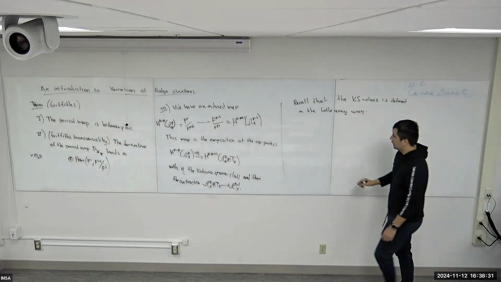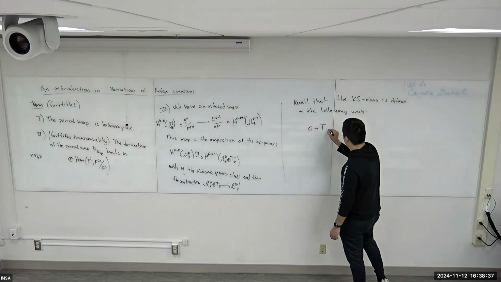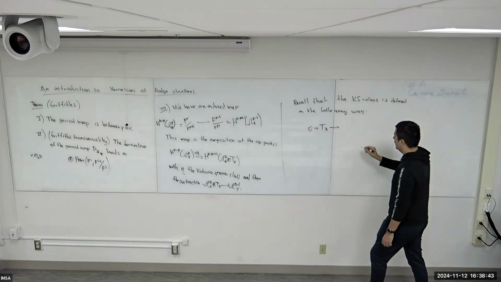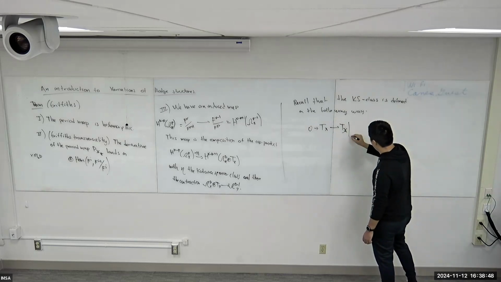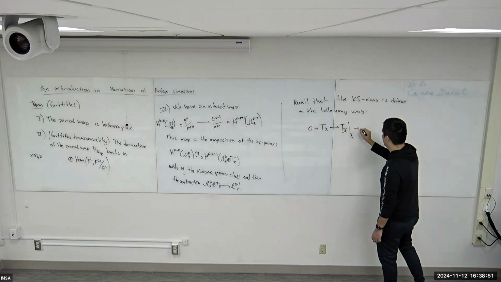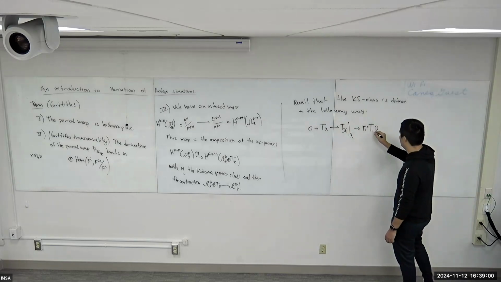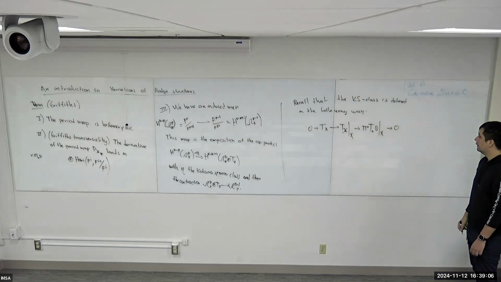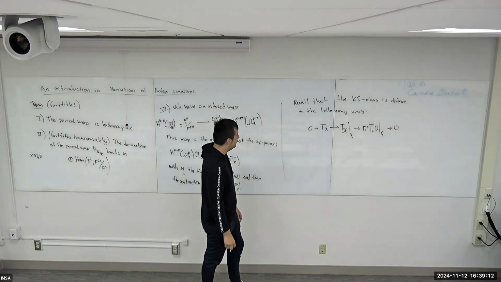In the total space of the fibration, we have an exact sequence as follows. You have the tangent space of the central fiber, and this goes to the tangent space of the whole total space restricted to X, and you can also pull back the tangent space of the base, in this case the disk, at 0, and also we restrict to the central fiber.